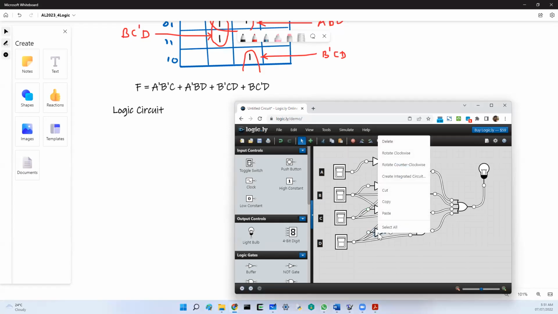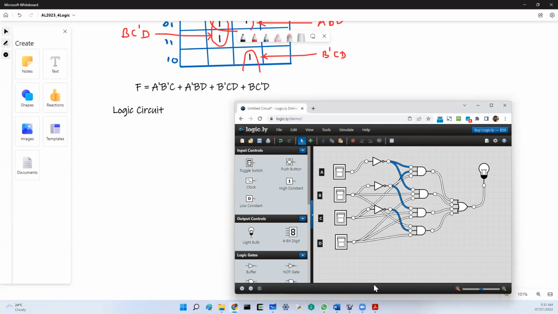So one NOT gate is not required. So I have removed it, D dash is not there. So A dash, B dash, C dash is there. Right. This is the circuit.